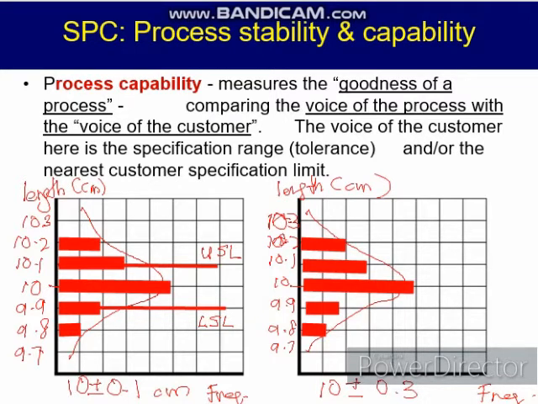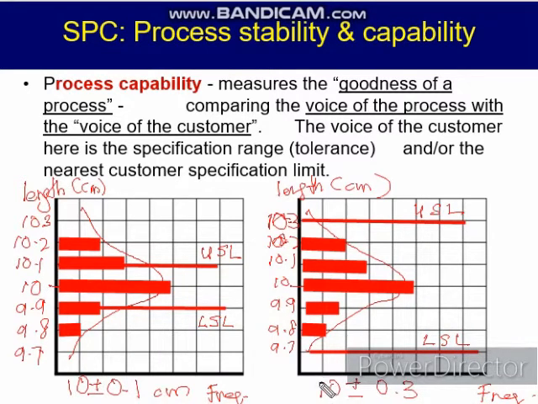The lower specification limit is 10 minus 0.3, which becomes 9.7, somewhere here. And the upper specification limit is 10 plus 0.3, which is 10.3. So this is my upper spec limit. This is my lower spec limit.